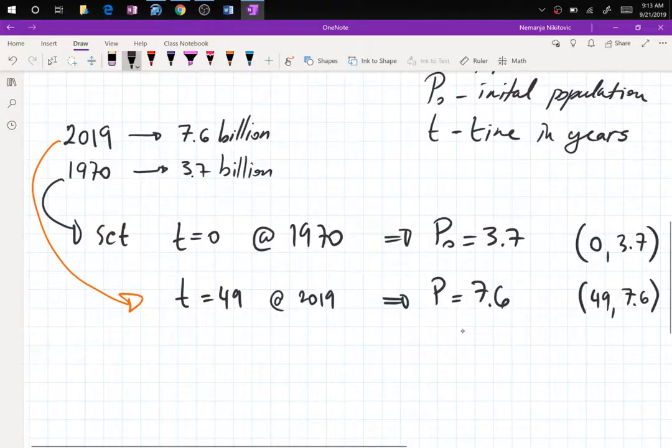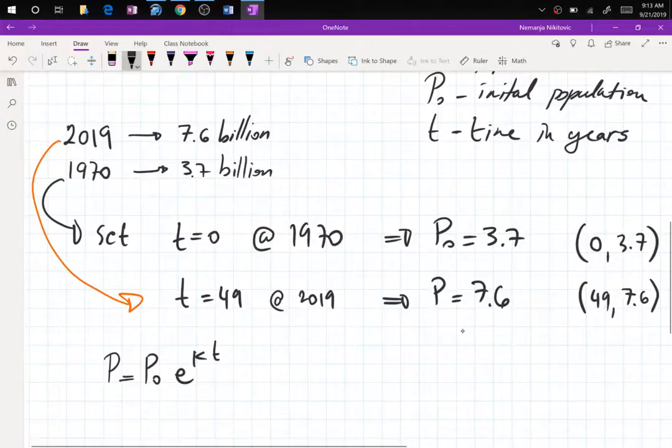And now we can use this to come up with an exponential model, and you do that in stages. So the first thing you do is once you write P equals P0 e to the kt, you already know what P0 is, because whatever year is set as your initial year, t equals 0, that's what the P0 is.